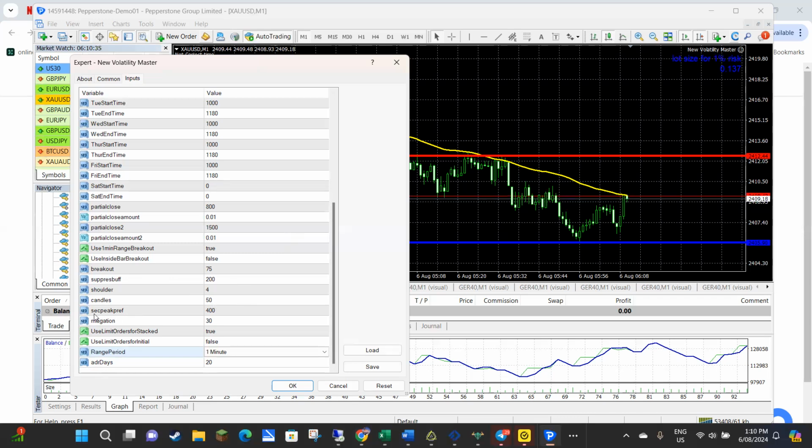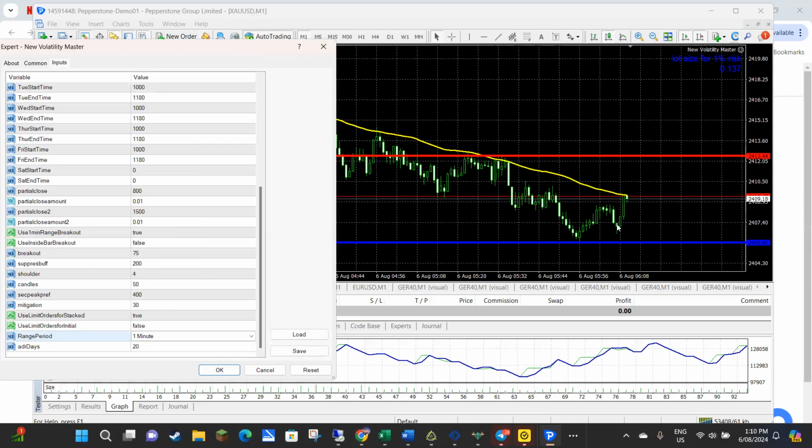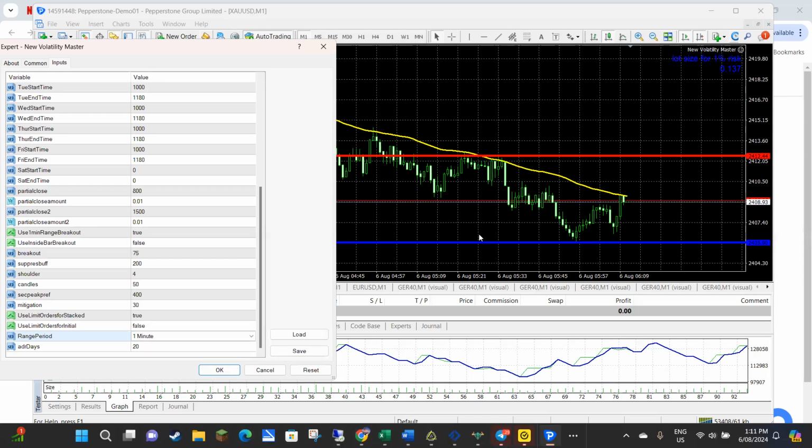Secpeakpref, so it stands for second peak preference. What it's doing is it's calculating not only one peak, but it actually finds 3 peaks. So it's finding 1, 2, 3 peaks, and then it's working out which one it should use. And in this case, second peak preference is set at 400.